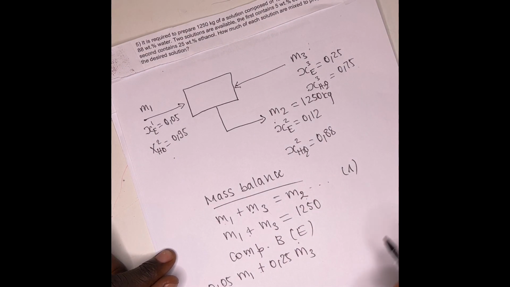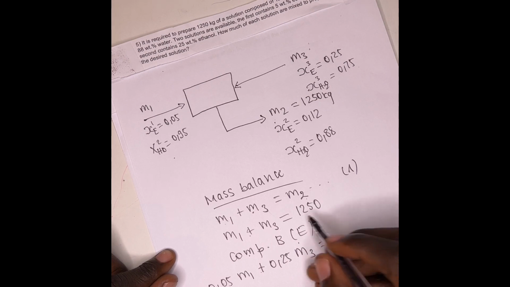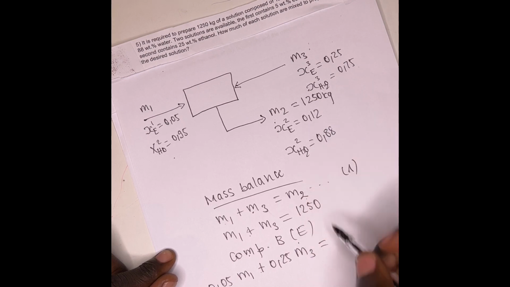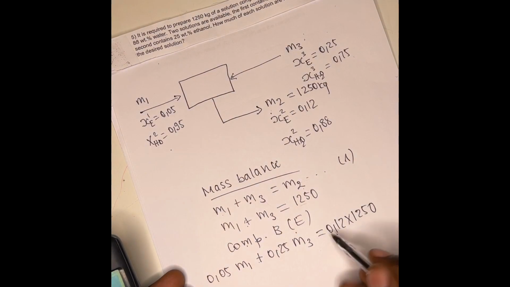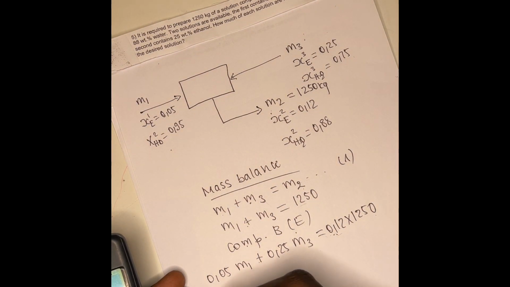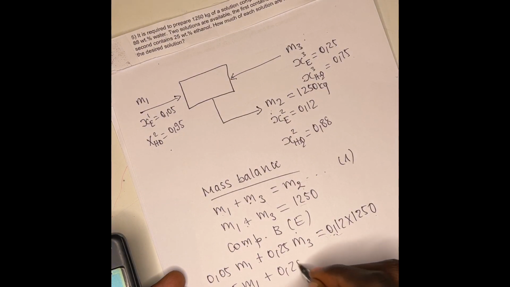And then here, we have equal to ethanol in stream 2, which is 0.12 times 1250. So from here, we take 0.12 times 1250, we find 150. So you're going to have 0.05 M1 plus 0.25 M3 equal to 150.